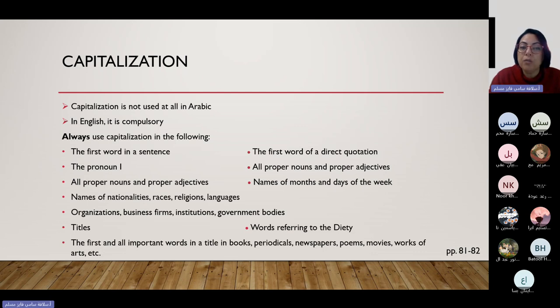So always use capitalization in the following, as you all said: the first word in a sentence, the pronoun I, all proper nouns and proper adjectives, names of nationalities, races, religions, languages, organizations, business firms, institutions, government bodies, titles, the first word of a direct question, all proper nouns and proper adjectives referring to deity, which are the gods.